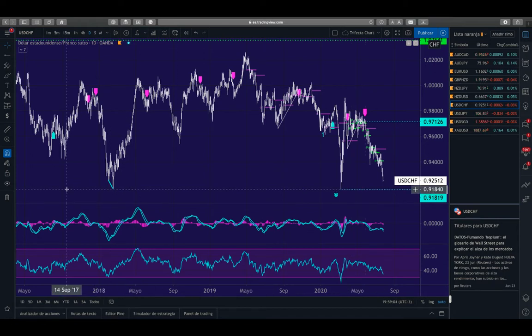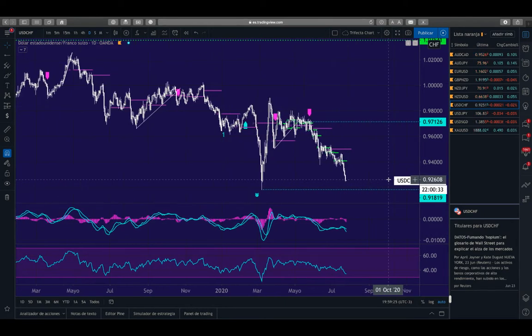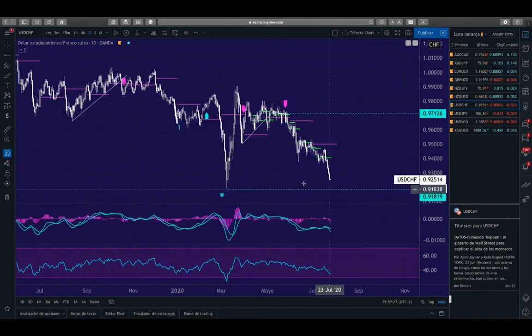As we can see, in the year 2018 the price gets to this bottom, and now in March of this year we get to this level, and now we are almost there again. So it would be a really nice thing to happen if we see a nice rejection candle at these levels.